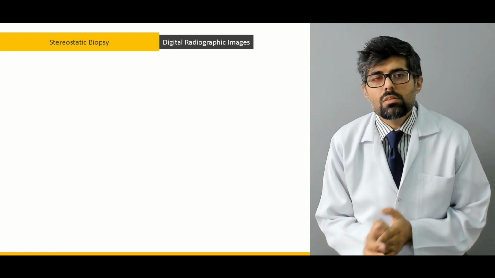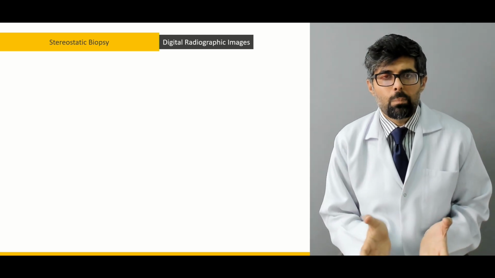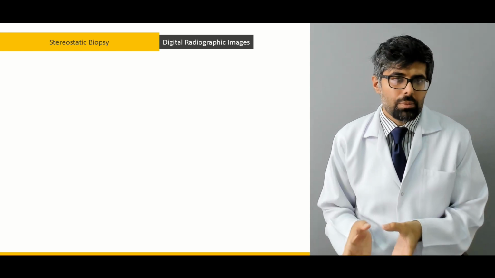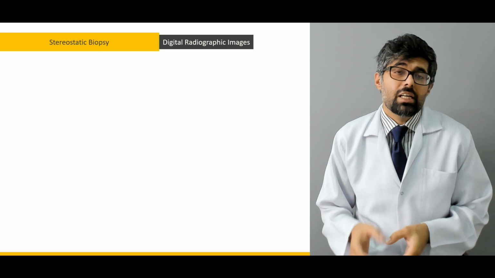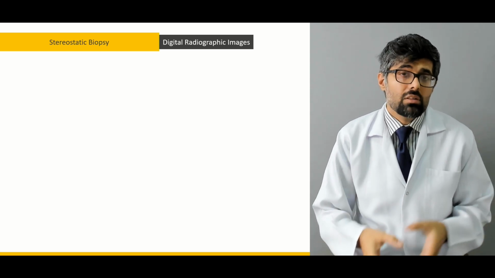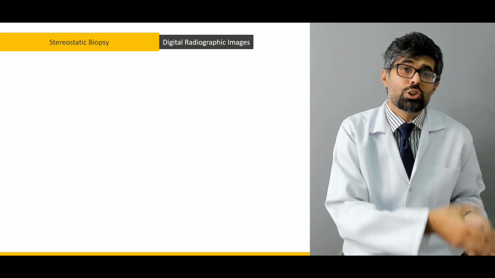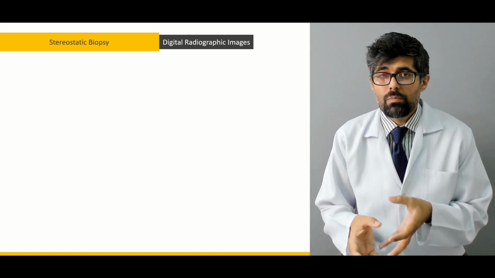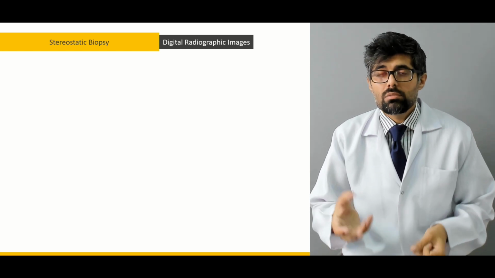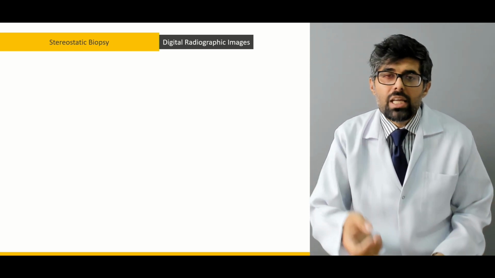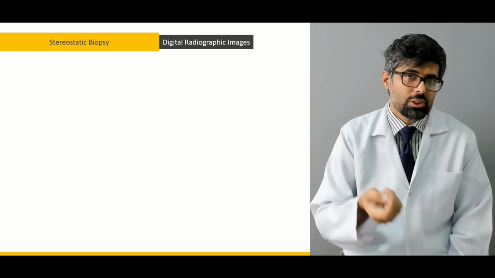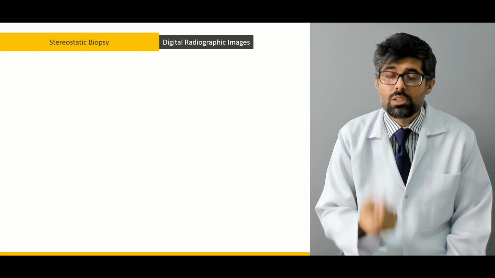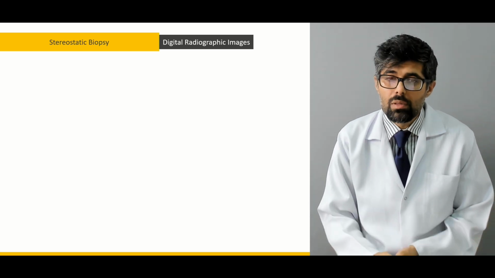Now next we have the biopsy. Whenever we have a palpable mass, what we do is examine it. We examine its tissue, its histological features, and it can only be done via biopsy. A biopsy is a procedure by which we take tissue out of a structure, and usually the tissue that we take out is the one that we want to examine.